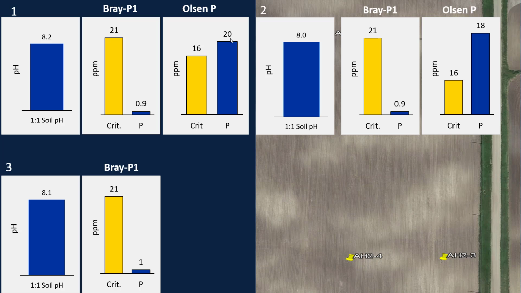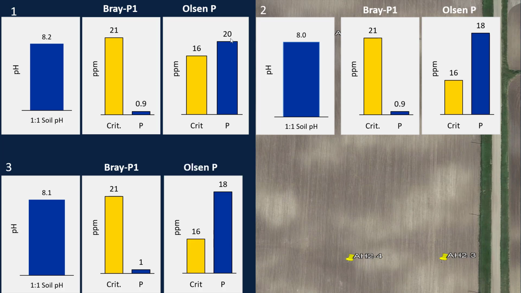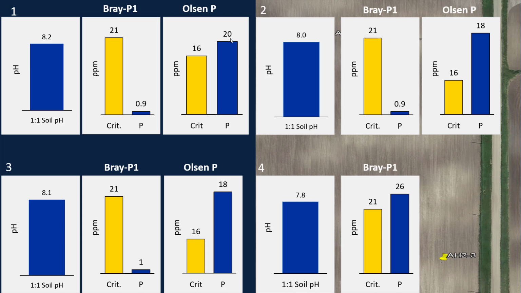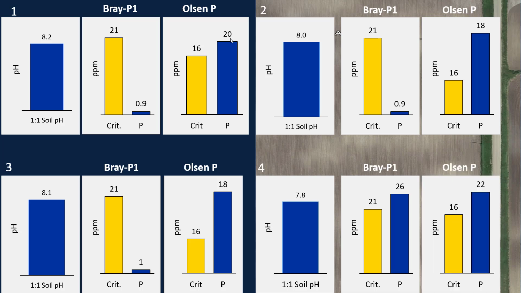Third spot, Bray phosphorus 1, Olsen phosphorus 18. Fourth spot, Bray 26, Olsen 22. So you can see they're both above their critical values of 21 and 16 when we use the appropriate soil test. So at high pH soils, the Olsen test is really important that we use, and this shows a really good reason why.